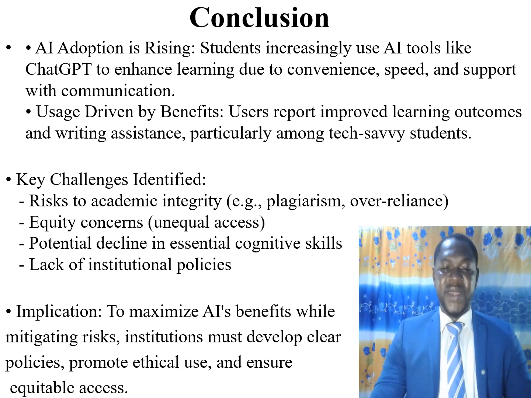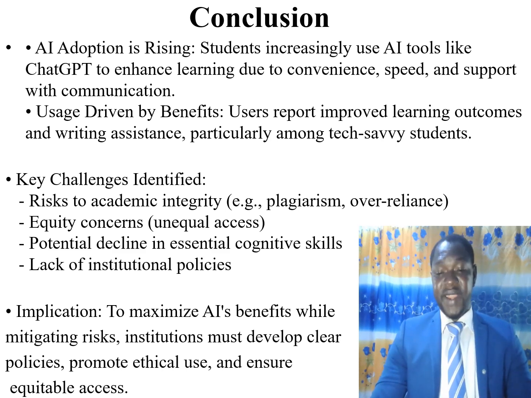Risks to academic integrity, for example plagiarism and over-reliance. Equity concern: there is unequal access. I explained that earlier. Potential decline in essential cognitive skills. Lack of institutional policies.